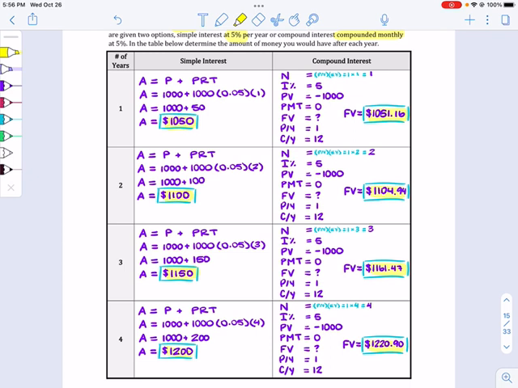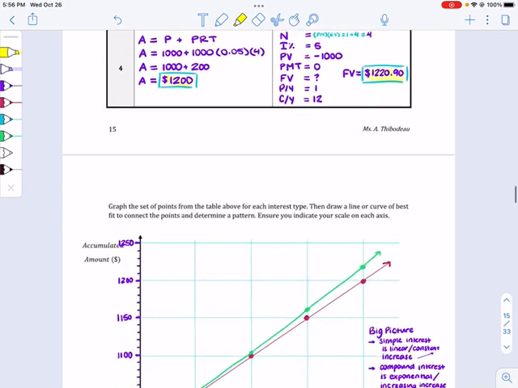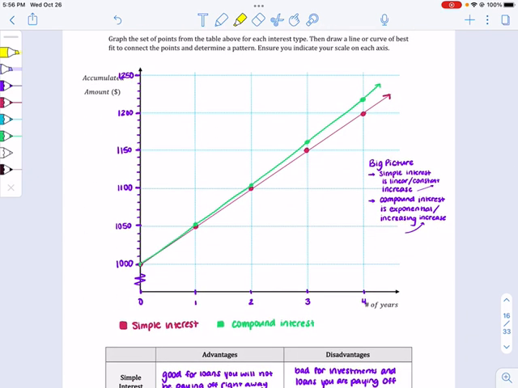Now, this is pretty cool, and you might think it's cool, you might not, but I think it's pretty cool. And one thing that we can take a look at is how to compare these graphically as well. If we noticed from the previous example on the previous page, with our simple interest, every single time the value went up by $50, right?